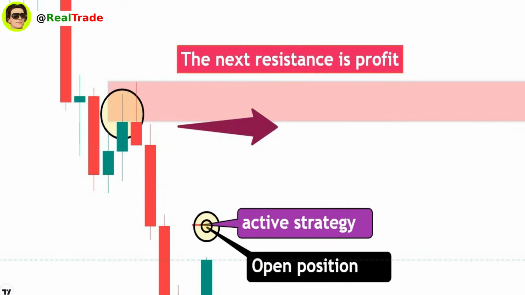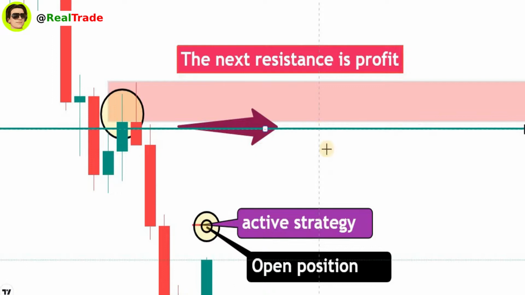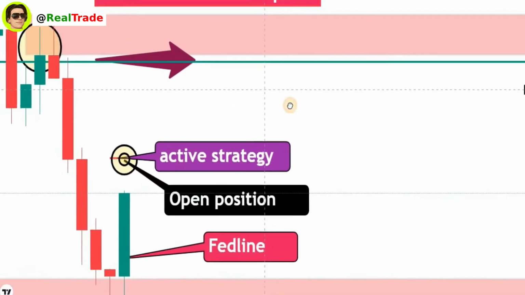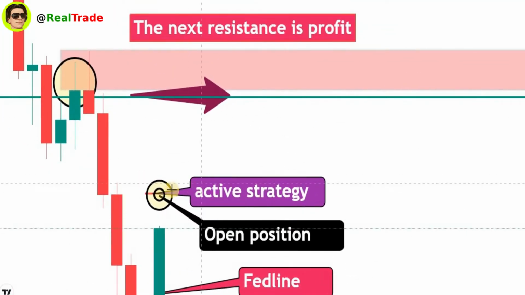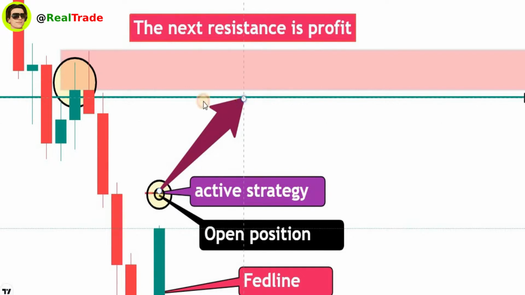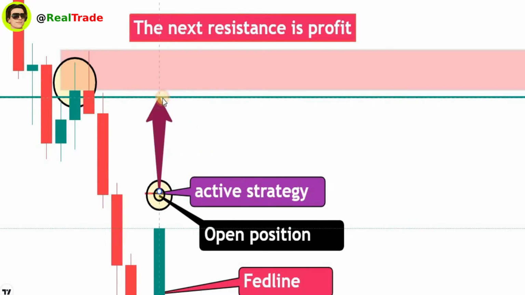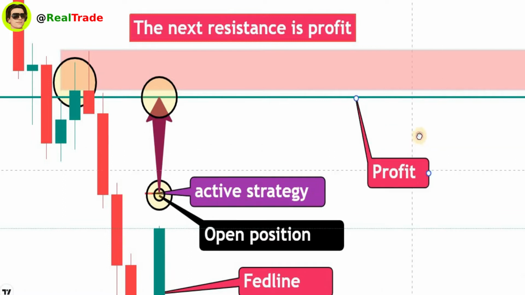Yes, this area is take a profit. Yes, continue. Please look at the mouse. Please look at the chart. Yes, take a profit is next resistance.